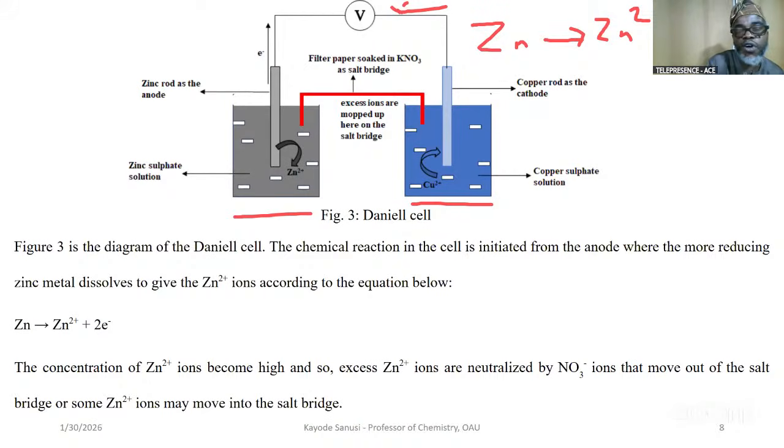So the question of connecting it in series does not arise. I hope that is clear. Half plus half is 1, and until then you do not have a cell. But if you connect a half cell to another half cell, that is when you have a cell. Okay, so I hope I'm clear now.